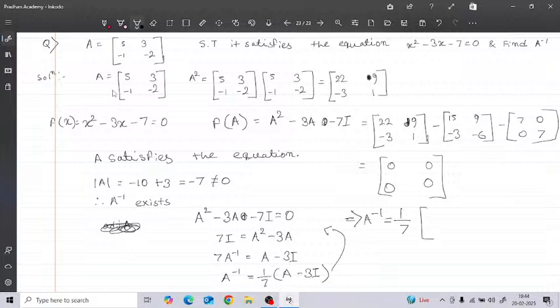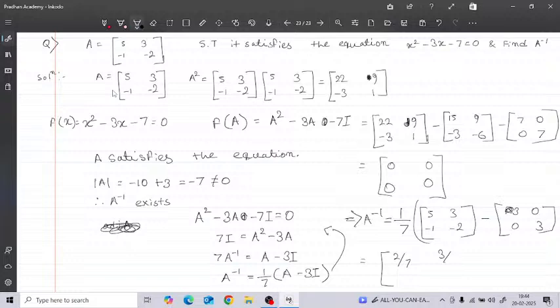What is A? A is 5, 3, minus 1, minus 2, minus 15, sorry, that is 3, by 7, minus 1 by 7, minus 5 by 7.